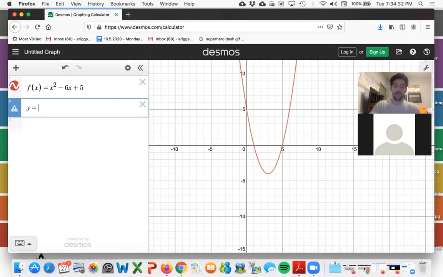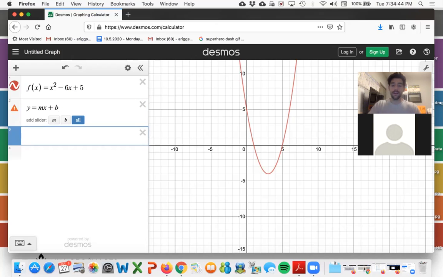Well, reminder, our most basic form for a line is y equals mx plus b. If I want to write the equation for a line, I need the slope, I need the y-intercept. But what's really cool is that the derivatives are calculating the slope at a given point. So let's first start there. Reminder that 2x minus 6 is the derivative of f of x.